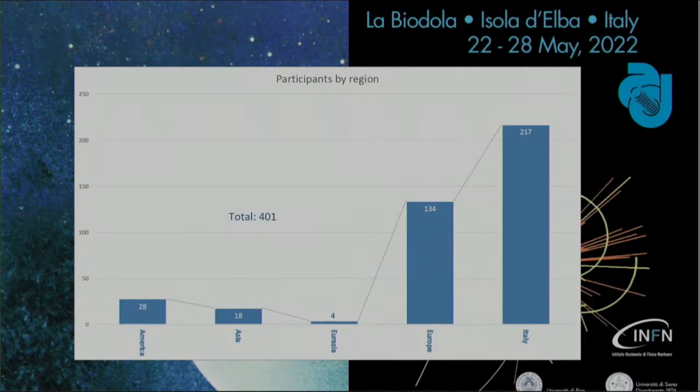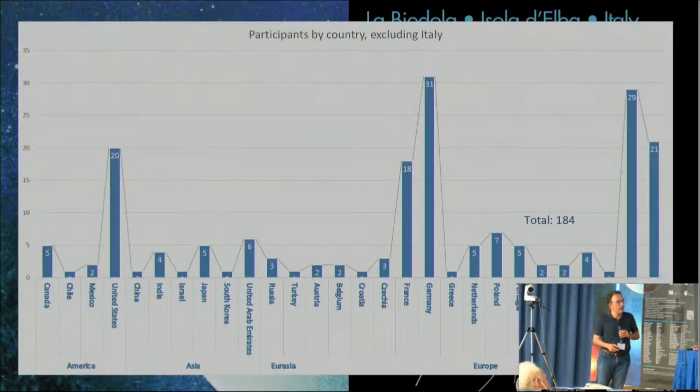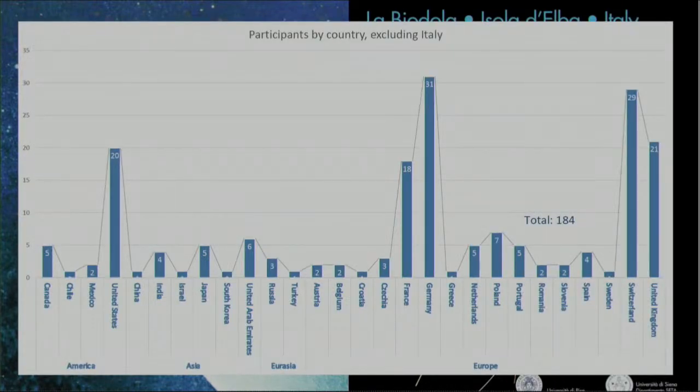If we then zoom in this area, excluding Italy, you can see here quite a few numbers from the United States, from Germany, from Switzerland, of course, from the UK, France, a good contingent from the United Arab Emirates, and then a good distribution across many, many countries, which is a very satisfactory picture of how this conference is interesting.